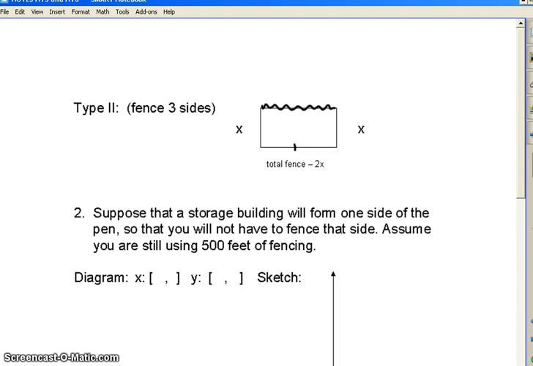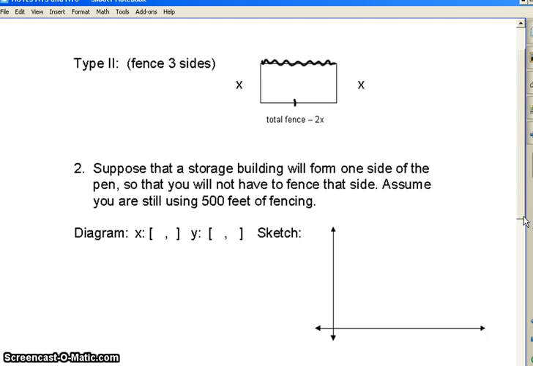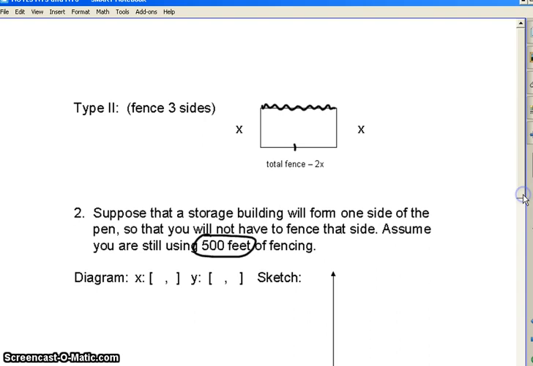Okay, so let's look at how much total fencing we have. Suppose that a storage building will form one side of the pen so that you will not have to fence that side. Assume you are still using 500 feet of fencing. Okay, so we're going to take what we know is the area formula, length times width.